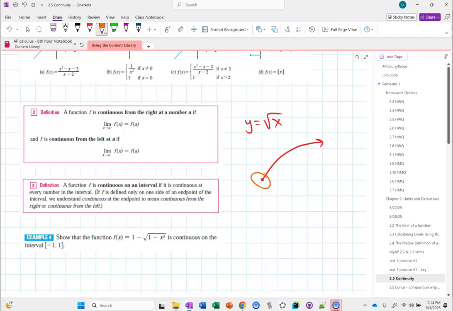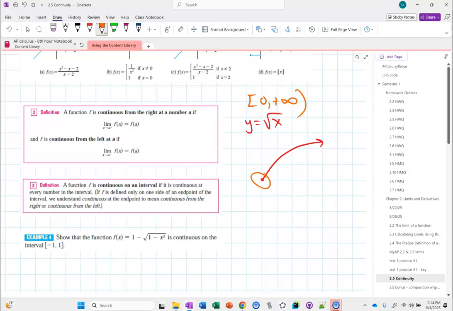So we say that a function is continuous from the right if the right-hand limit is equal to f of a, continuous from the left if the left-hand limit is equal to f of a. So then if we talk about a closed interval, we say it's continuous on the interval if at the endpoint it's continuous from the right or left, whatever's appropriate.